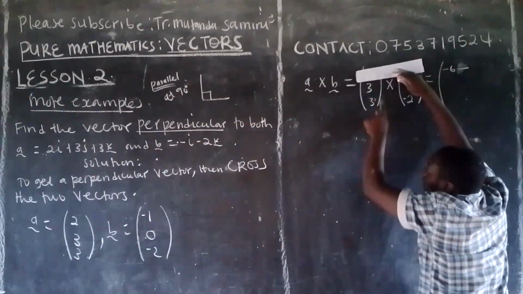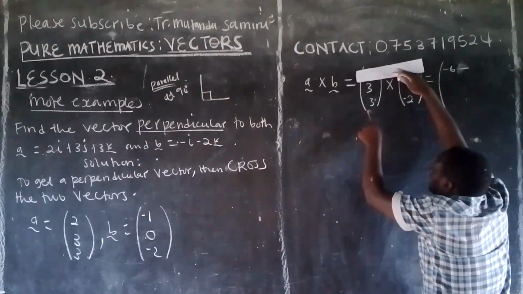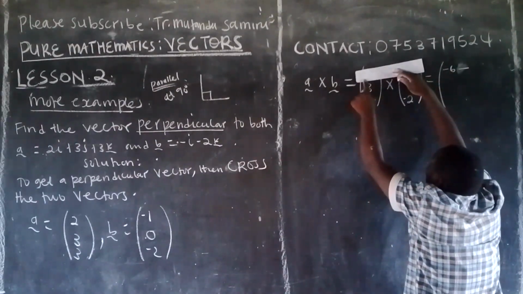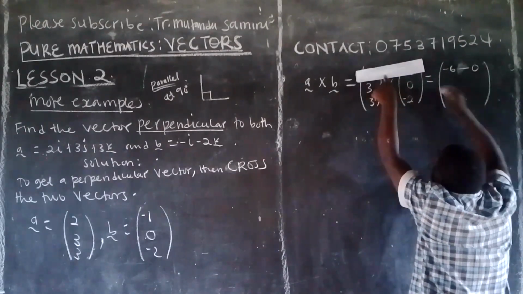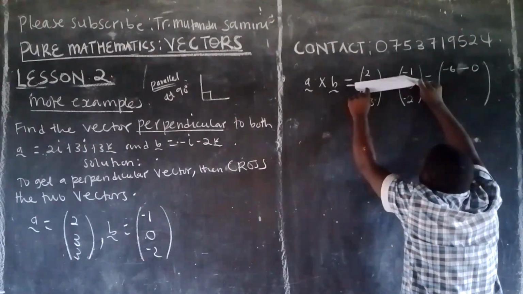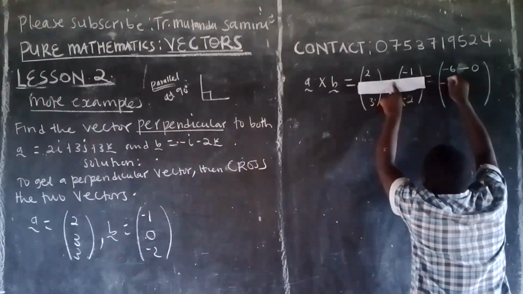You can rewind the video backwards so you can learn how we go about the crossing. Now, I'm done with that minus. Now, 3 times 0 will just be 0. All right, good. So we go to the next level. Naturally, there is a negative there before you bring the values.